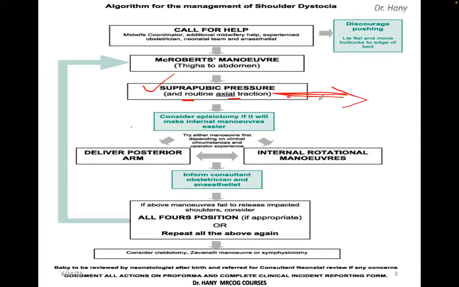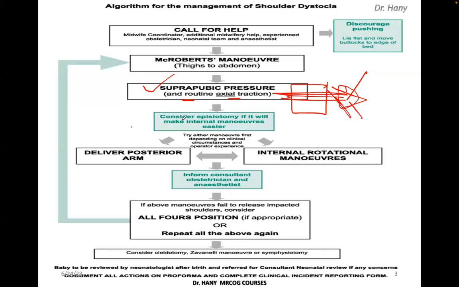This is the head and this is the shoulder, on the axis of the baby, not upward or downwards, and routine, not excessive traction. Do not put a lot of burden on the baby's head, shoulder and neck, because you will cause a brachial plexus injury.